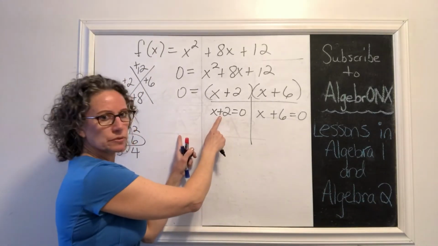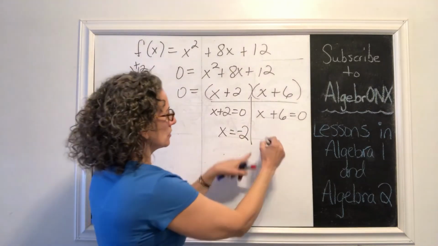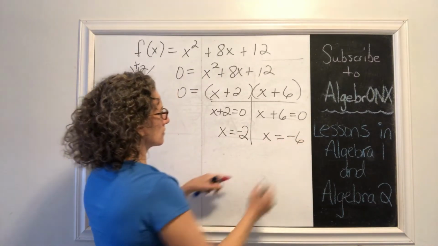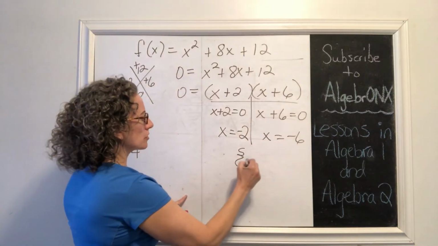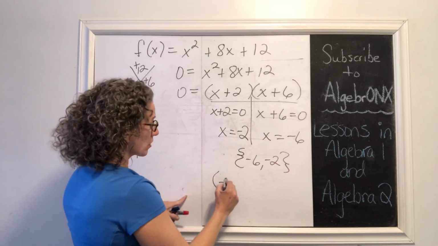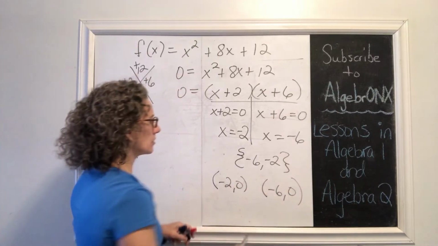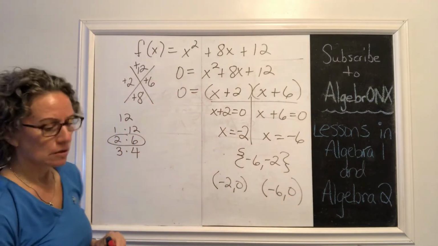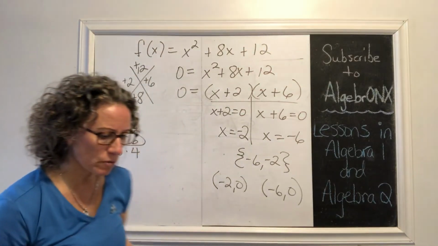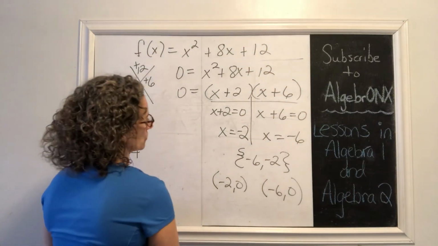If it's plus 2 in the factor, then your value is going to be minus 2, and this is going to be negative 6. So the solutions are negative 6, comma negative 2, and we have the coordinates negative 2, 0, negative 6, 0. Okay, and you're done.